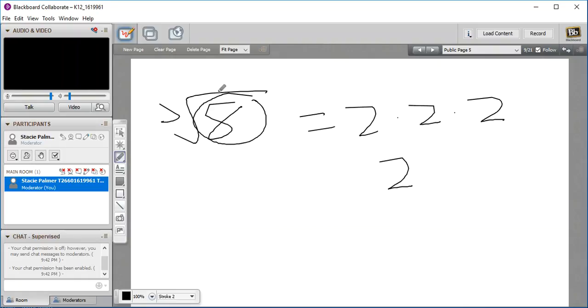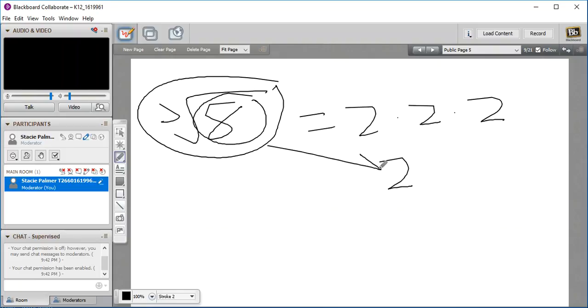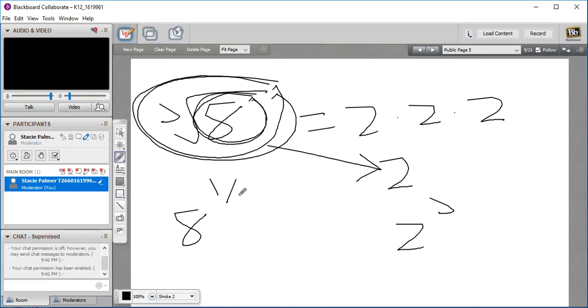So when we take the cube root of 8, we get 2, okay? 2 is the number that was multiplied by itself 3 times. We know that 2 to the 3rd power is 8. And another way to write this would be 8 to the 1/3 power.